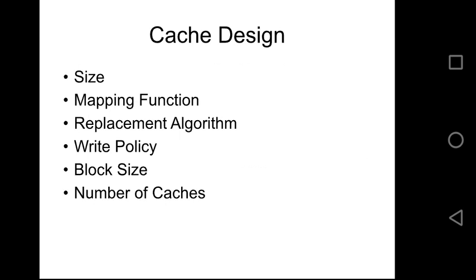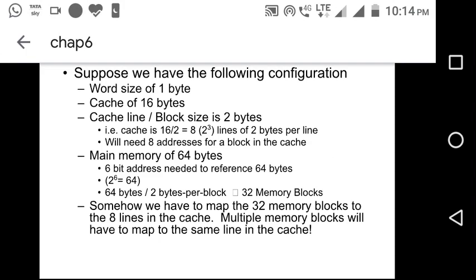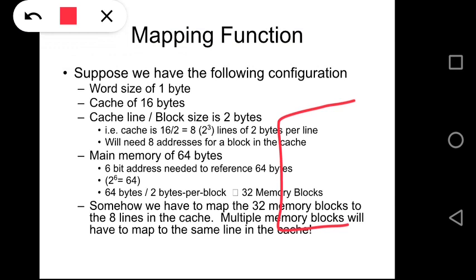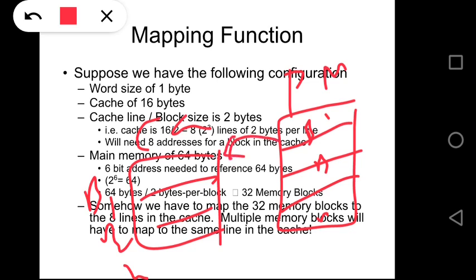Let's see the mapping function. As I said, the physical memory is divided into blocks and the cache can store 2 or 3 blocks, B1, B2, B3. So there should be a mapping. Suppose we have the following configuration. Word size is 1 byte.